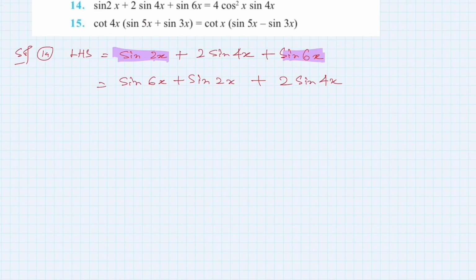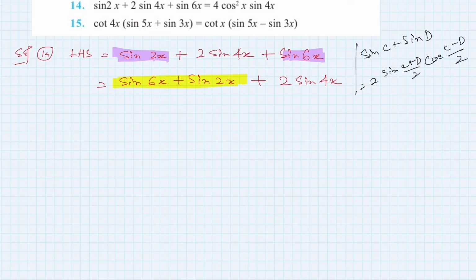So here in this part, sine 6x plus sine twice x, we are going to apply this identity: sine C plus sine D is equal to 2 sine (C plus D by 2) cos (C minus D by 2).